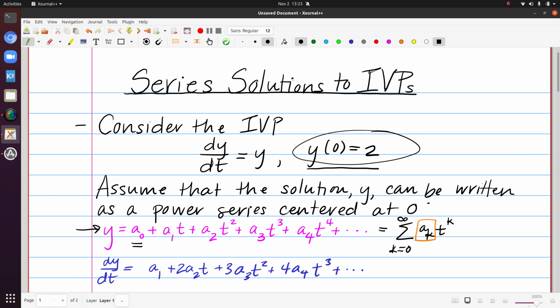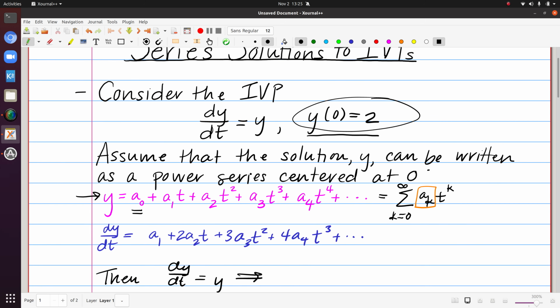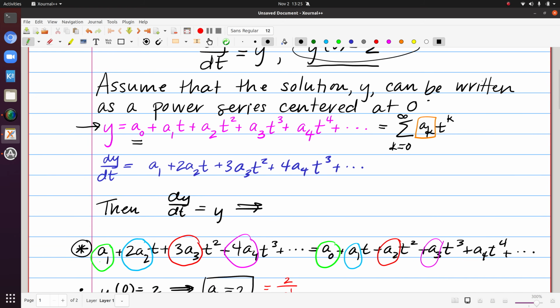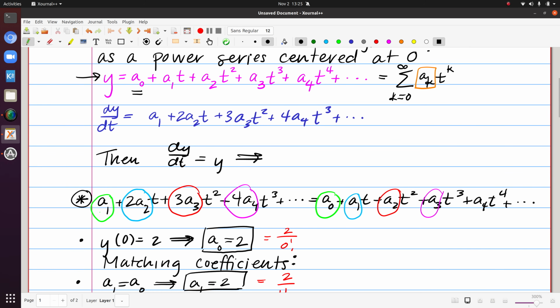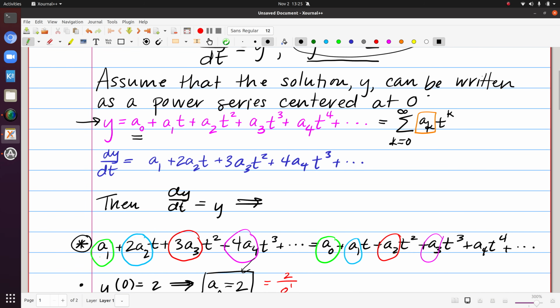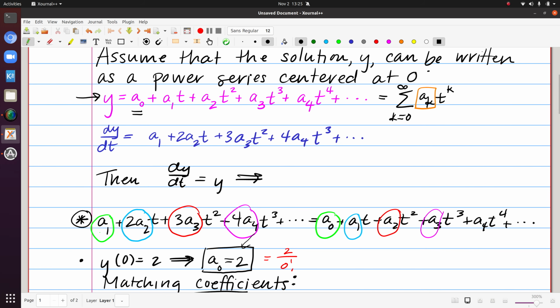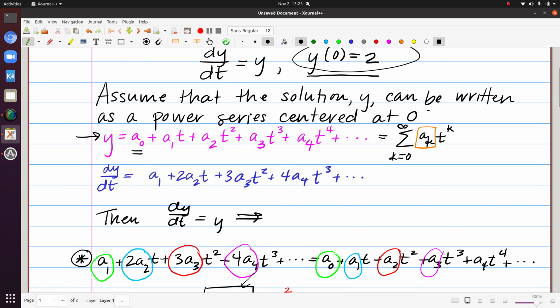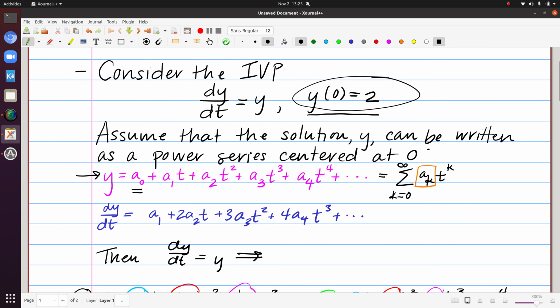So notice that by assuming that our power series was centered at 0, when we plugged in the initial condition, y of 0 equals 2, that allowed us to immediately find a sub 0. So by making that assumption about how to represent the power series, it just so happened that our initial condition became immediately useful.